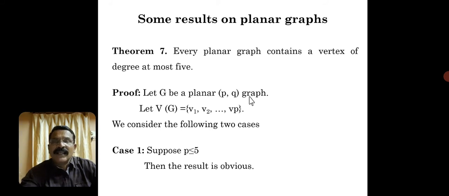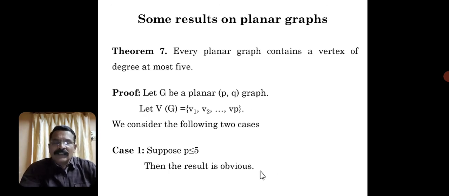Definitely there will be one vertex of degree either 1 or 2 or 3 or 4 or 5. Maybe other vertices have degree larger than 5, but there will definitely be one vertex of degree at most 5. So this is the statement of the result.